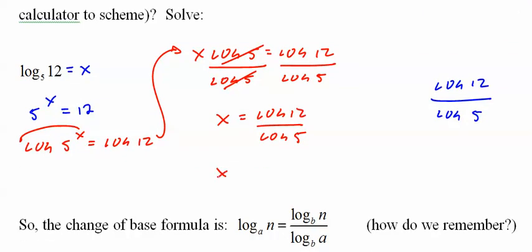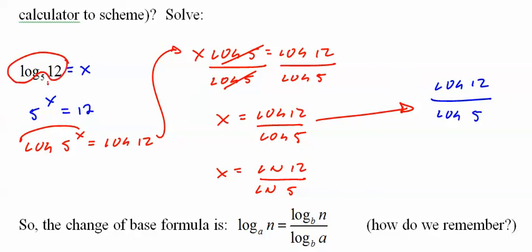As I noted earlier, you could also have done all this with a natural log. But look, I got it. So how do I keep it straight? How do you remember it? I just say it's log of the top divided by log of the bottom. And for whatever reason, that has stayed in my brain, and I can do it. So when we have a calculator, I need to know log base 5 of 12.